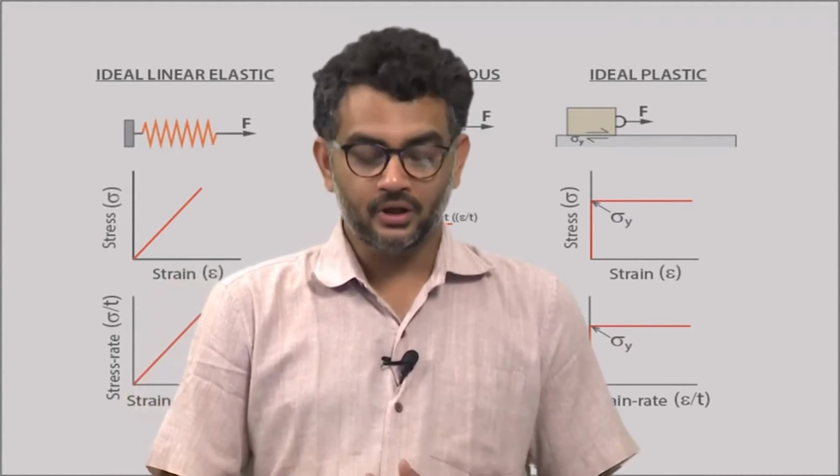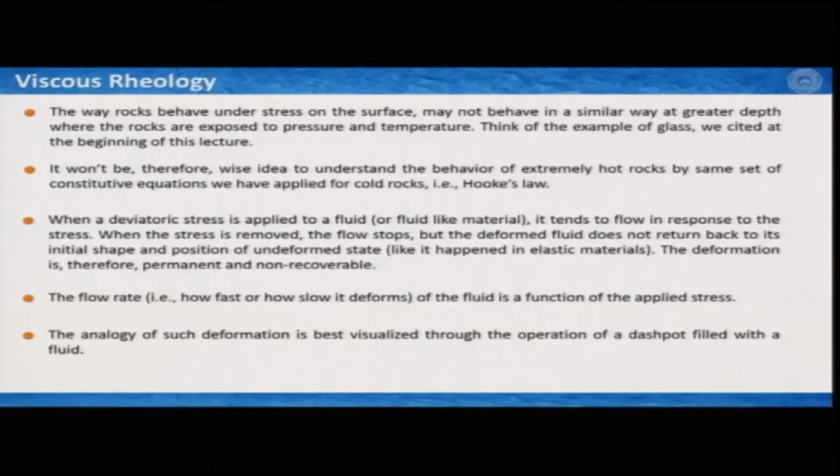As I was talking about, the way rocks behave under stress on the surface may not be the same at greater depth, where you have much higher pressure and temperature, and rocks are not really a solid material there.